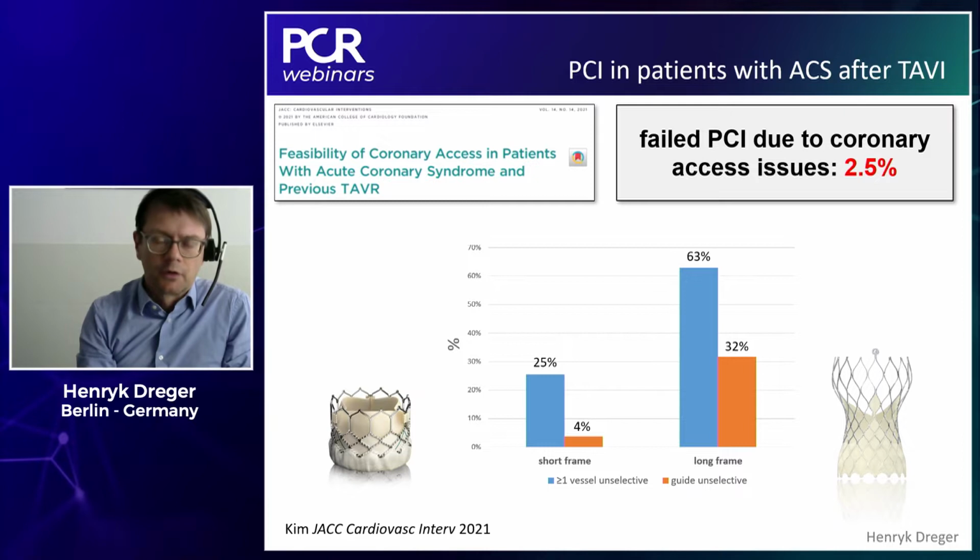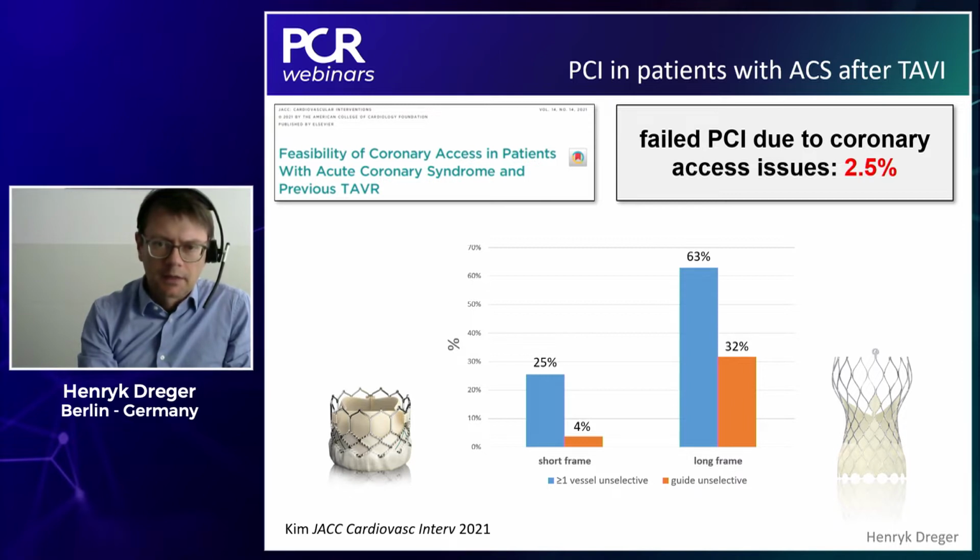So the question, of course, is: is this just a little bit of a nuisance? Is it annoying, or is it really relevant for clinical outcome for our patients? Two papers, based on registries, have been published over the last 12 months. One was from Germany by Dr. Kim from Bad Nauheim.